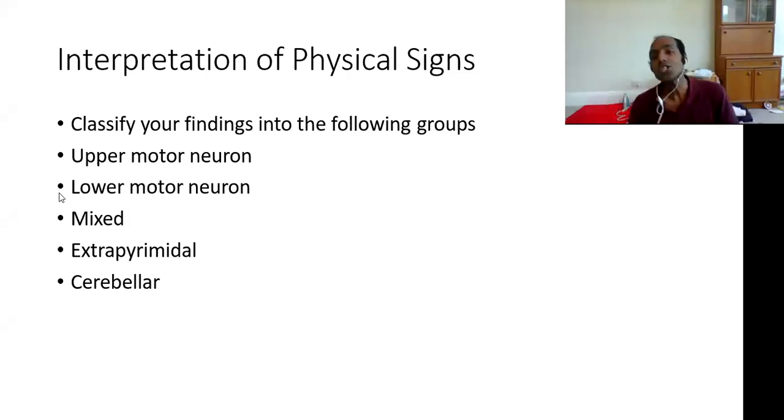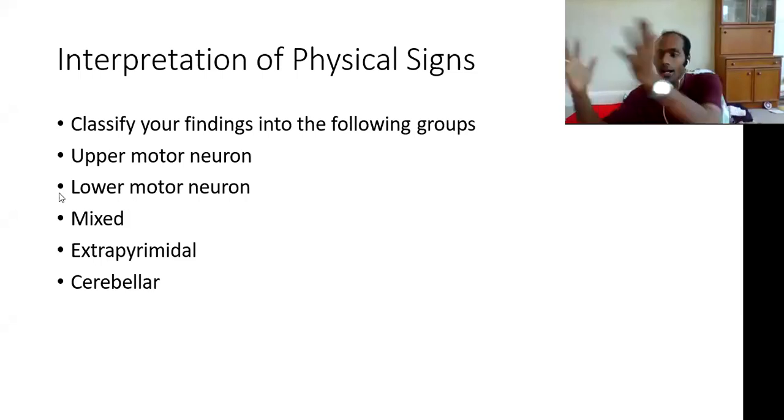So when you finish your examination, you should be able to classify, all right, this chap has a pure upper motor neuron type syndrome. Examine another patient. This patient has a pure lower motor neuron type syndrome. Another patient might have a mixed upper motor neuron, lower motor neuron syndrome.